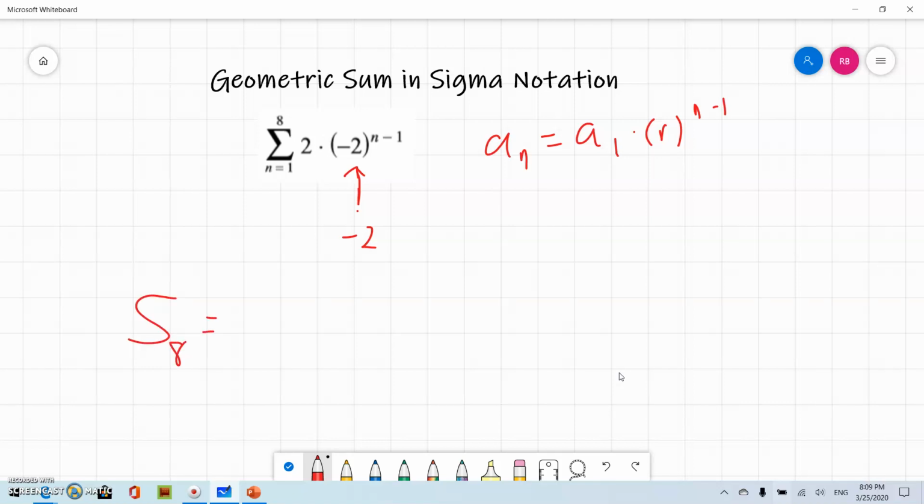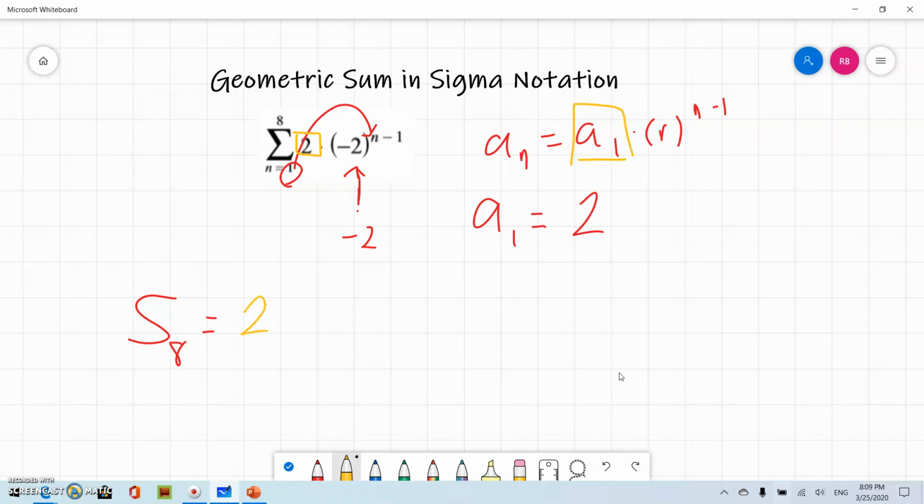And we do know a1 because a1 is when you plug in this little 1 here, and 1 minus 1 is 0, so it's 2. How else do I know? Because this 2 corresponds with this a1.